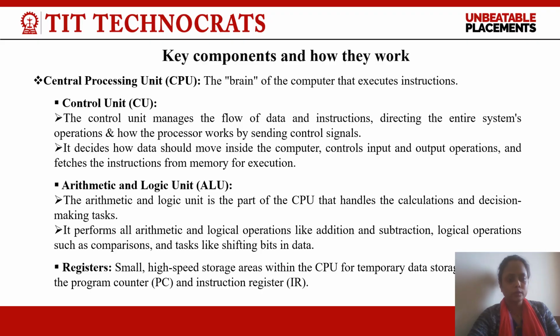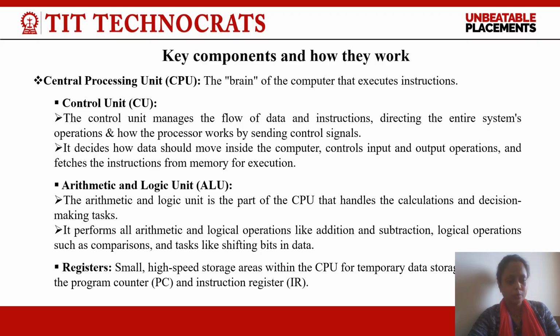It performs all arithmetic operations like addition and subtraction, logical operations such as comparisons, and tasks like shifting data. Registers: small, high-speed storage areas within the CPU for temporary data storage.